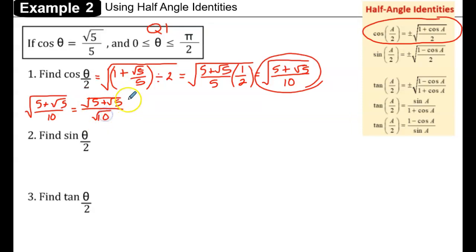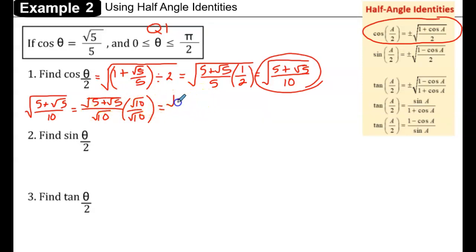To rationalize the denominator, since it's a monomial, we're going to multiply the top and bottom by that same monomial, root 10 over root 10. When you multiply radicals, you multiply the radicand with the radicand. This is a monomial times a binomial, so we would distribute.